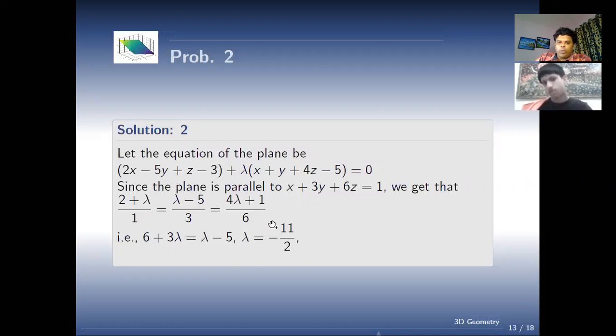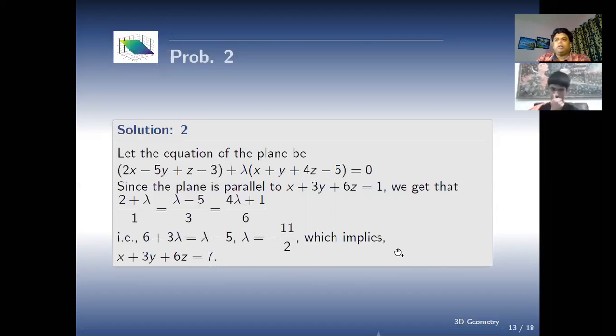Once I have minus 11 by 2 for lambda, all I have to do is plug it back in, and that will give me the equation of the plane. If I did that, I get x plus 3y plus 6z equals 3.